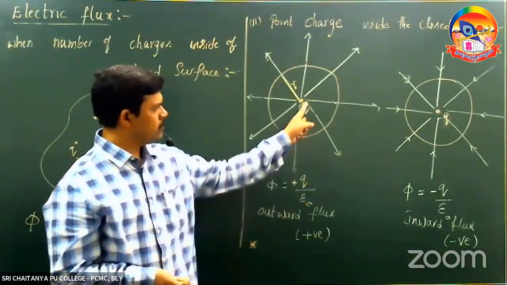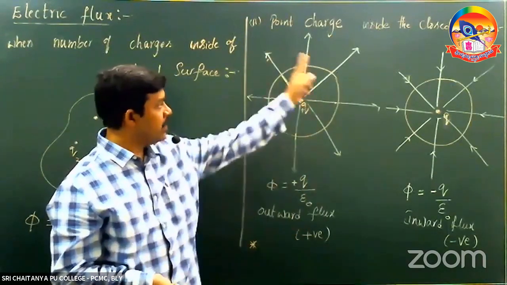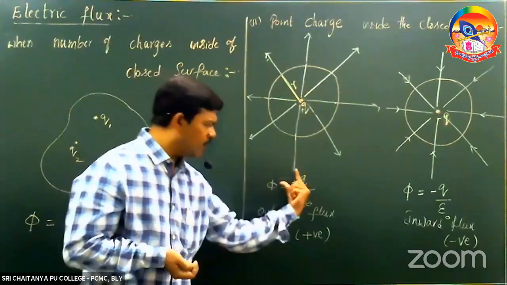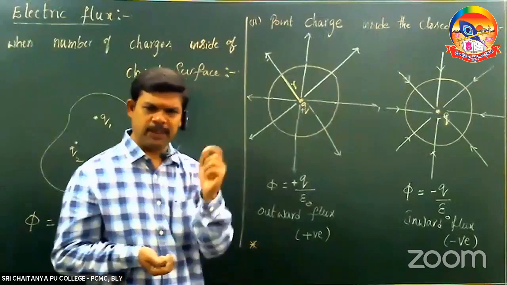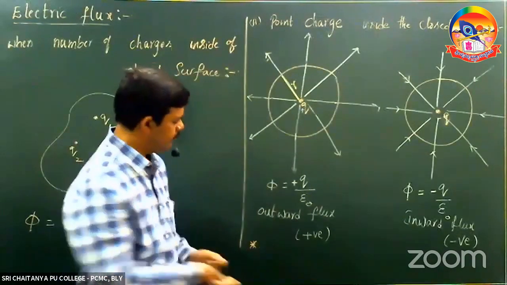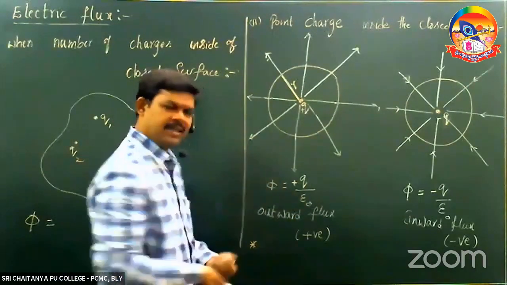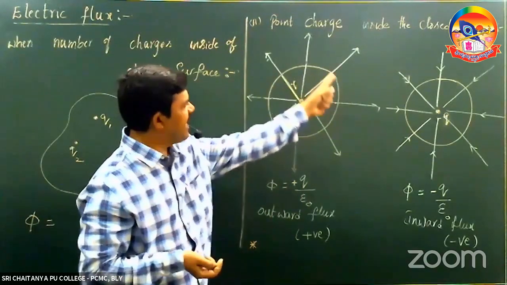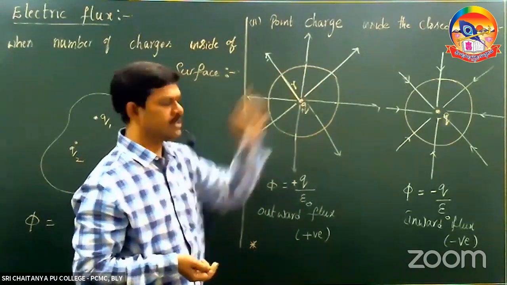Q charge, epsilon naught medium, right? What that formula tells us? It tells us one important thing. This flux is independent of the shape of this closed surface.